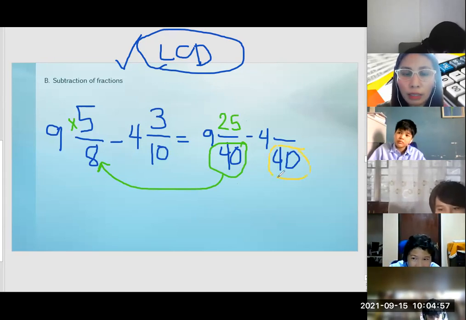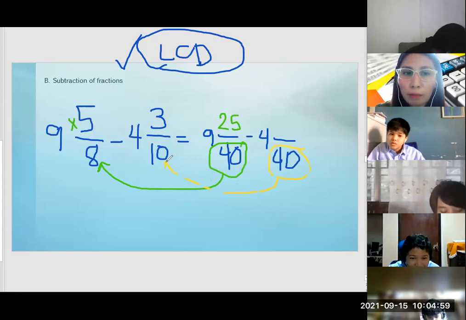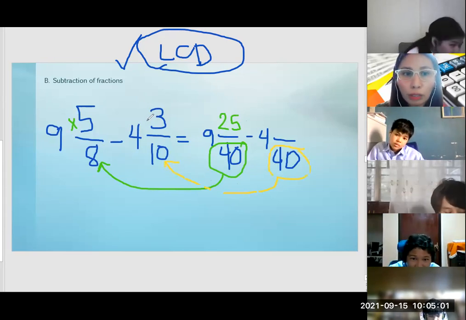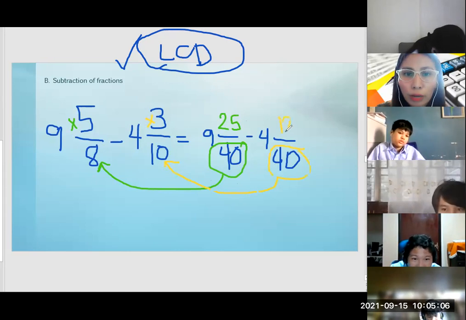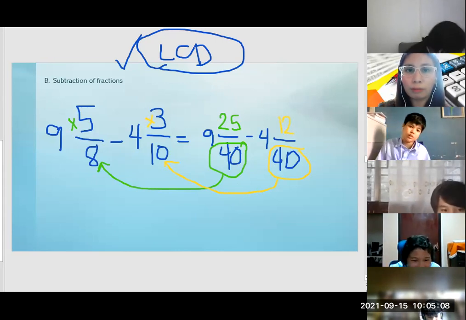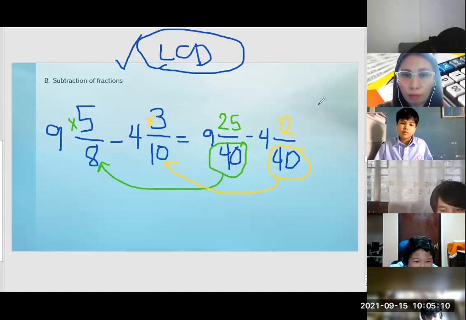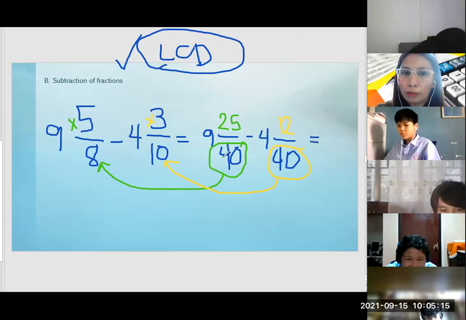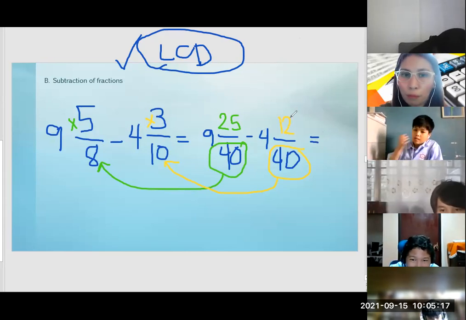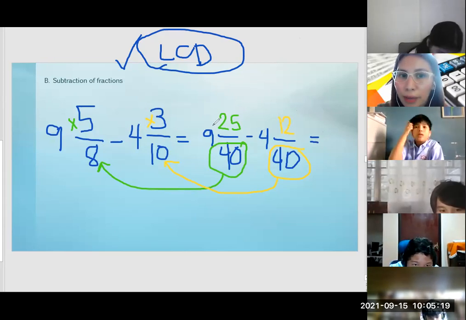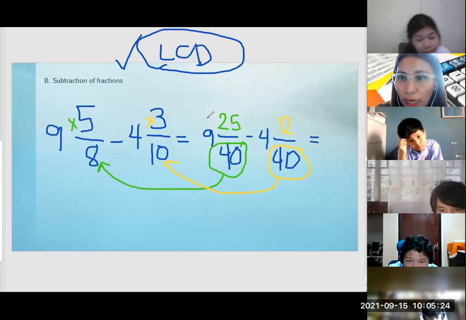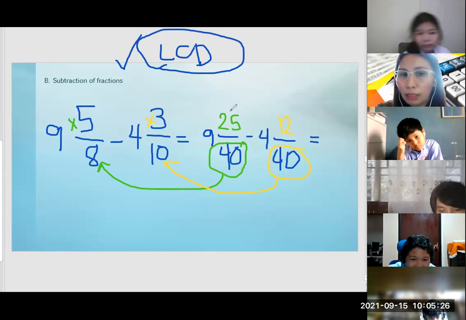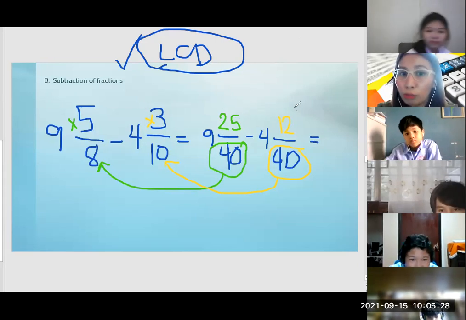40 divided by 10, it's 4 times 3, we have 12. Equal. Since bigger naman yung ating 25 dito na given, we can now proceed to subtracting.